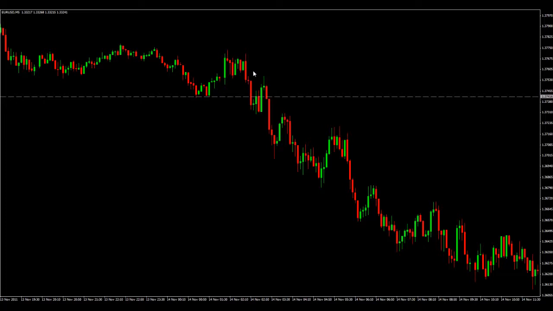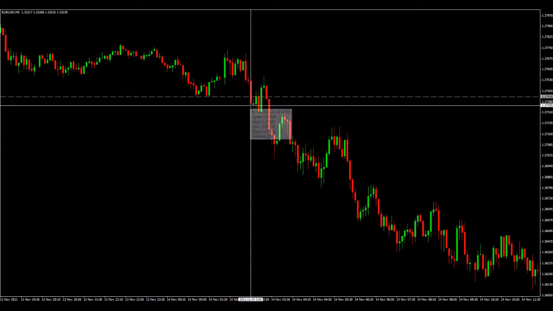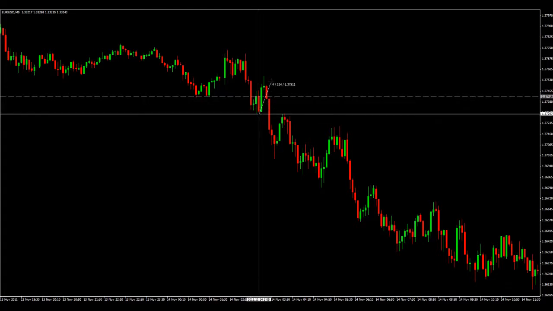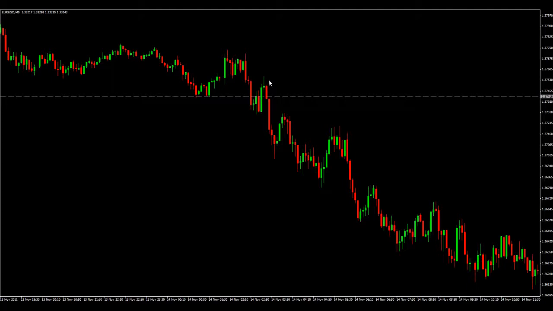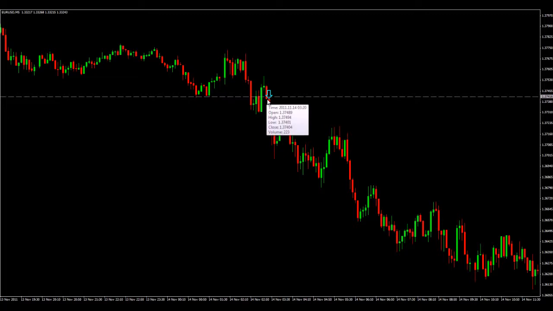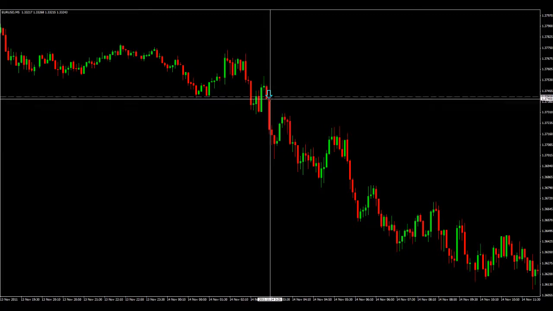So the particular strategy that I was using was, whenever you have a support line and price comes down and breaks this support line in a downward move, we wait for price to retrace back above this support line, and once it re-breaks this support line again, then we are going to be taking the trade. So this would be a put right here that we would be taking at the very top of this candle. As soon as that candle closes and ends under our support line, we'd be taking a put right there.